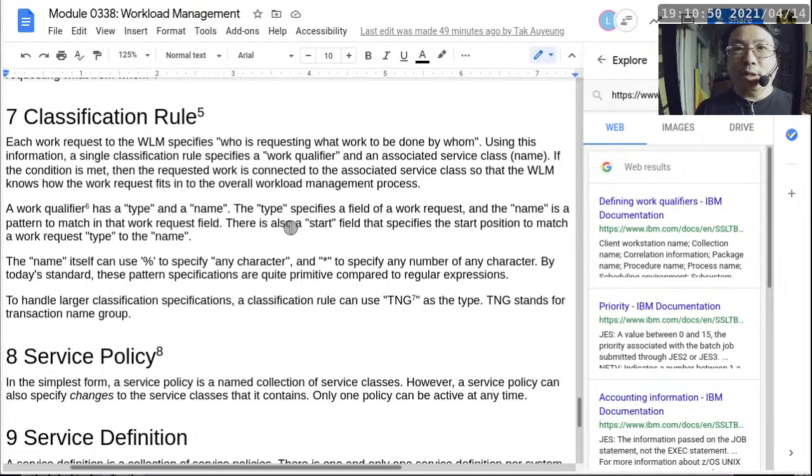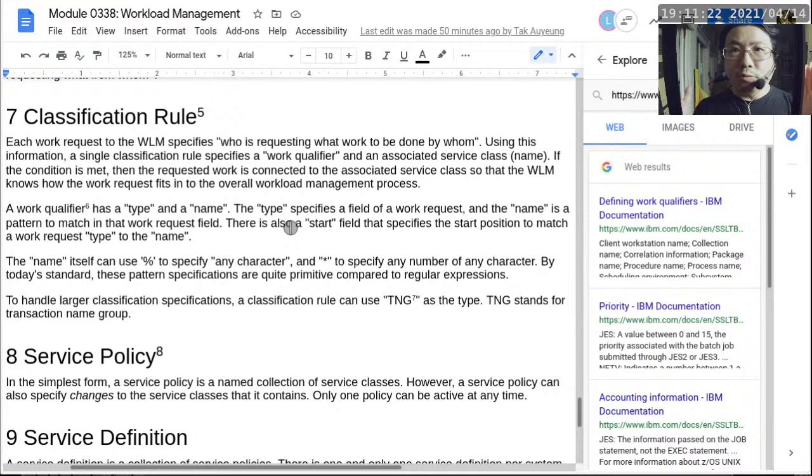If we're dealing with a large party of like 20 people, the classification rule can say look at the number of people in the party, and then specify if it is 20 or more. So the classification rule is basically saying if a particular work order is related to a party that has 20 or more people, then the rule is matching.